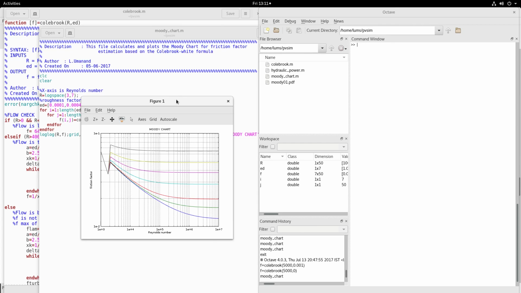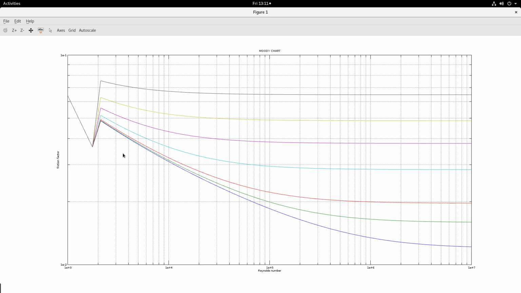So you see that the Moody chart is something like this, and this is the Moody chart that I also showed to you and discussed with you. The y-axis is the friction factor, the x-axis is the Reynolds number starting from 1000 to 10 to the power of 7.